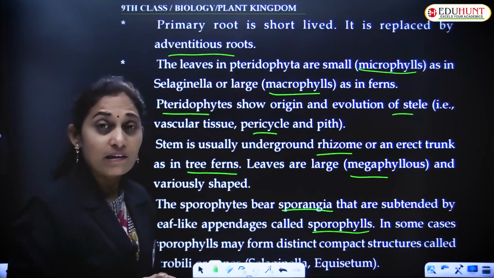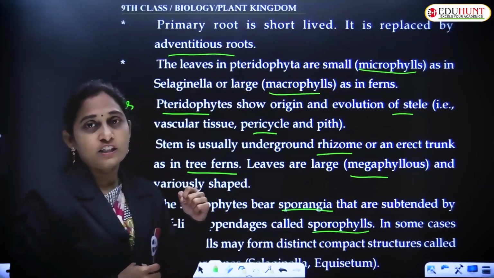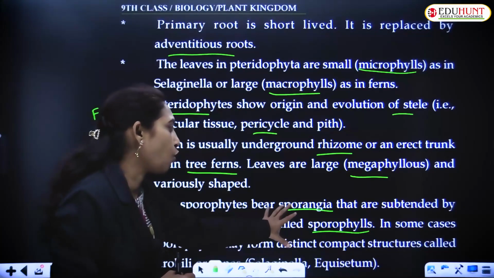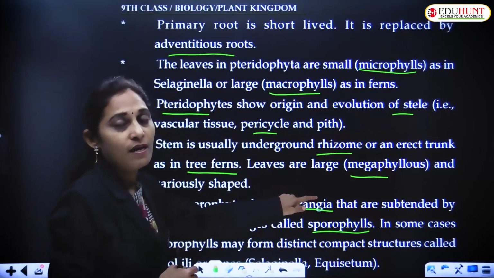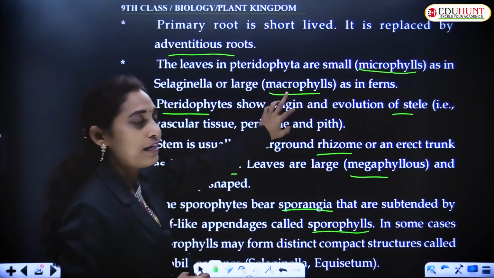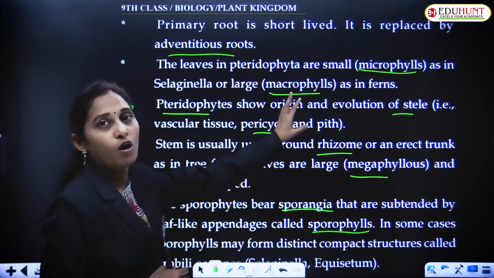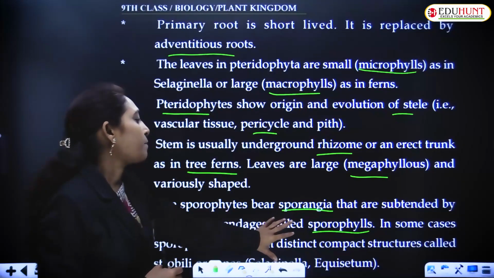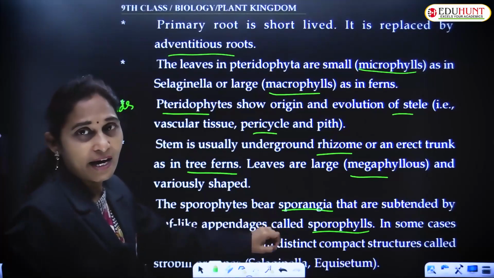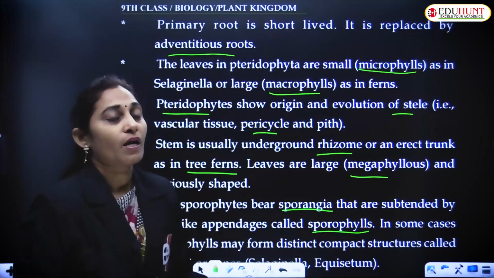Sporophylls are the leaf-like structures which bear sporangia. Sporangia bearing leaves are called sporophylls. Large leaves are called megaphylls. Small leaves are called microphylls. In the same way, spore producing or sporangia bearing leaves are called sporophylls.